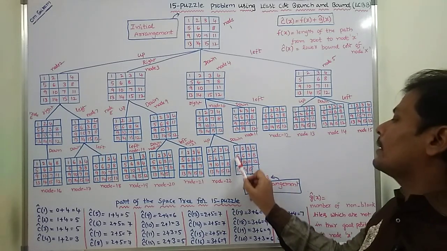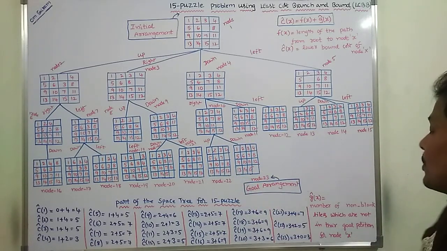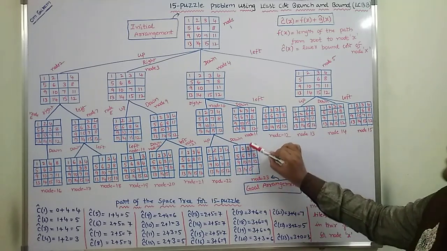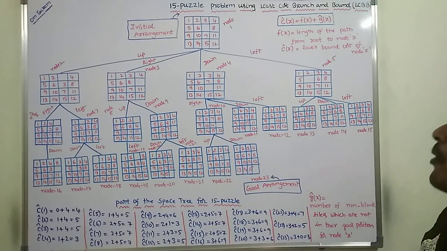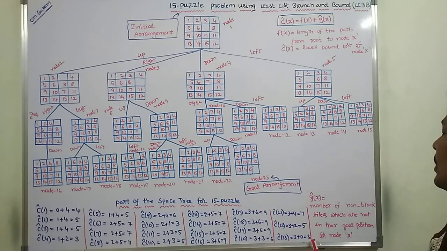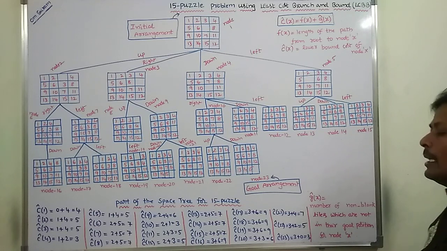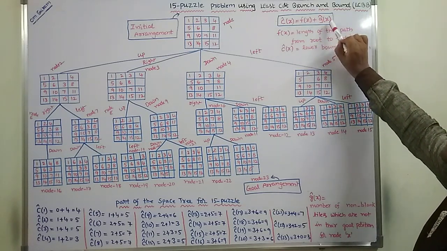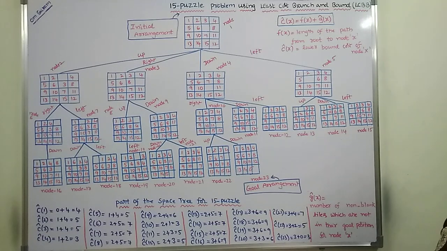All tiles are in their goal position, so g cap of x is equal to 0. So 3 plus 0 is equal to 3. This is the cost of node x. This is the lower bound value. The lower bound value on node x is equal to 3. So this is the formula: c cap of x is equal to f of x plus g cap of x.